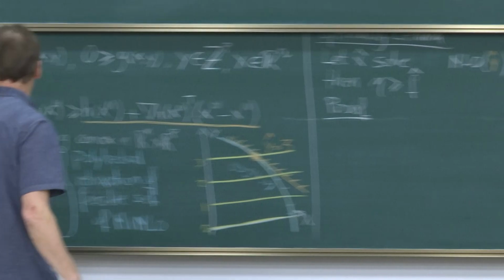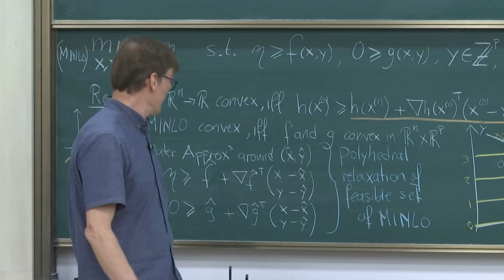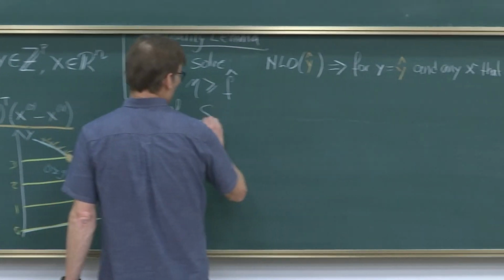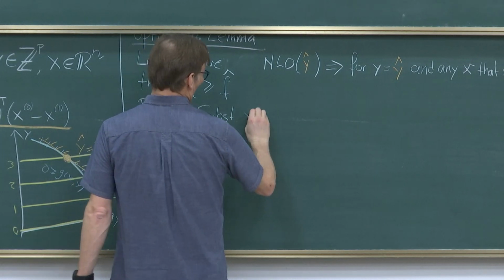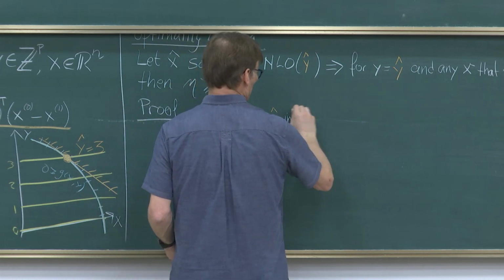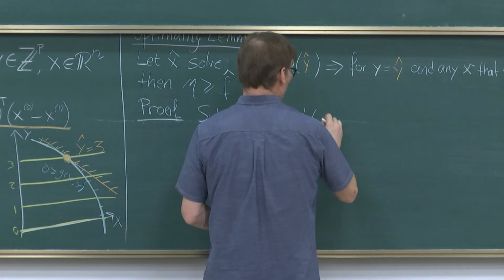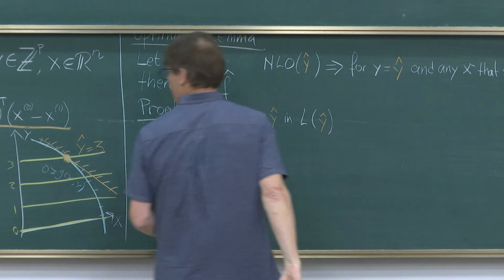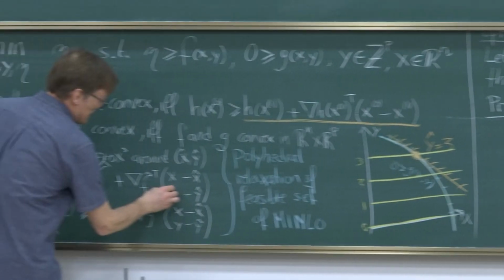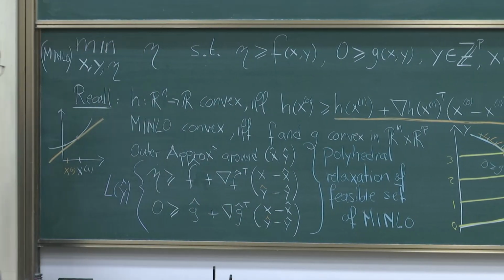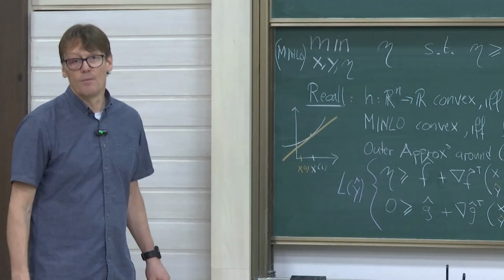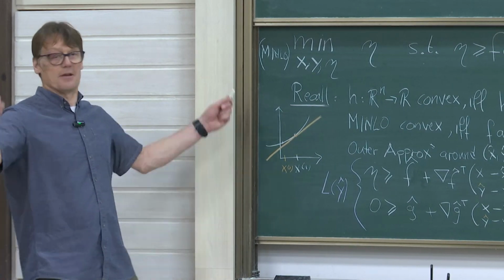So what I'm going to do is I'm going to take these two constraints here, and the first thing I'm going to do is substitute y equals y hat in L of y hat. And if I do that, if I put a y hat here and here into these constraints, then the second part of this gradient will just disappear because y hat minus y hat is 0.